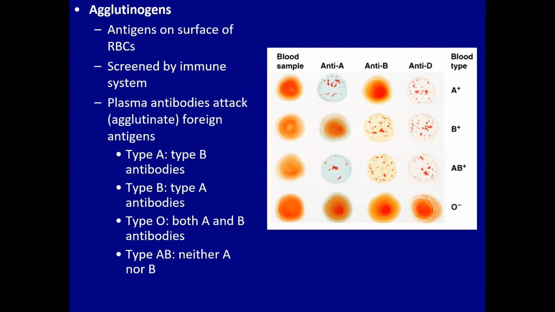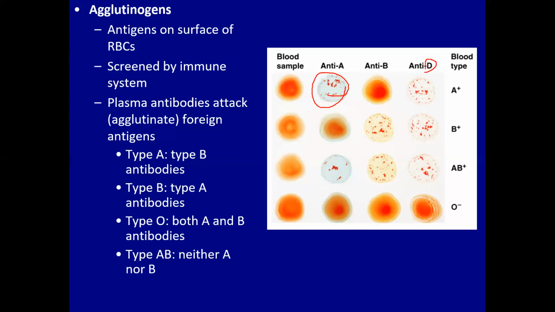All right, so here is a blood sample. It has anti-A, and the blood type is A. So you can see that when it's exposed to anti-A, it agglutinates, all right?